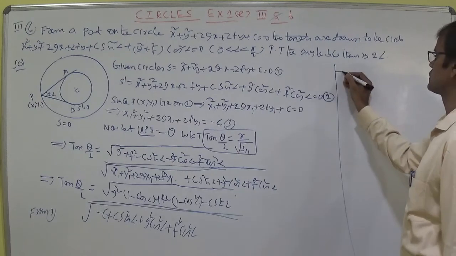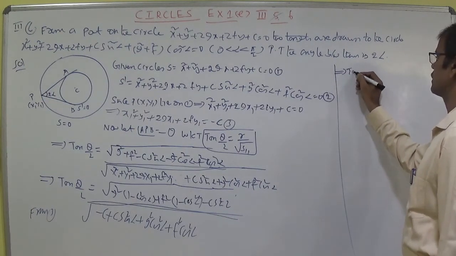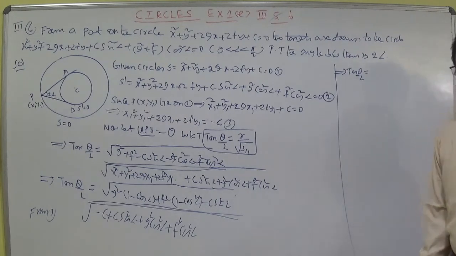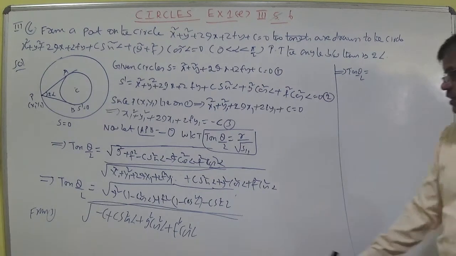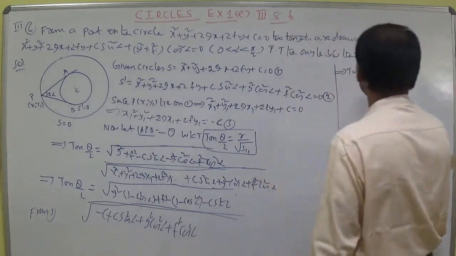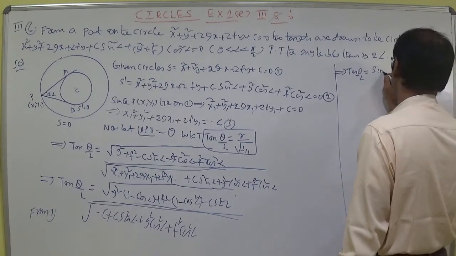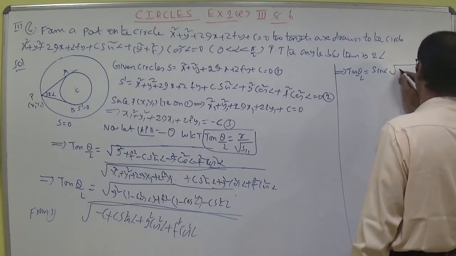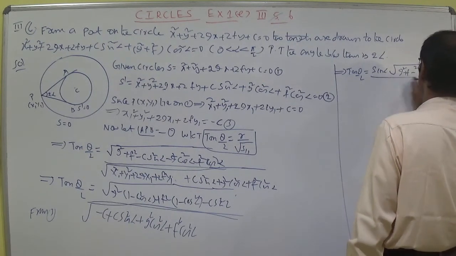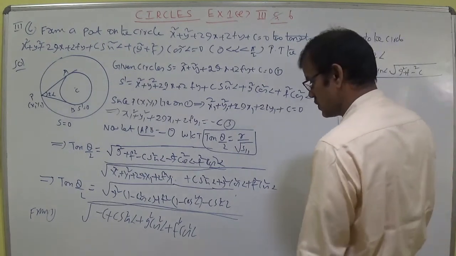That implies tan theta by 2 is equal to, 1 minus cos square alpha is sin square alpha, and 1 minus cos square alpha is sin square alpha. So sin square alpha taken common along with the root becomes sin alpha. We can write sin alpha into root of g square plus f square minus c.